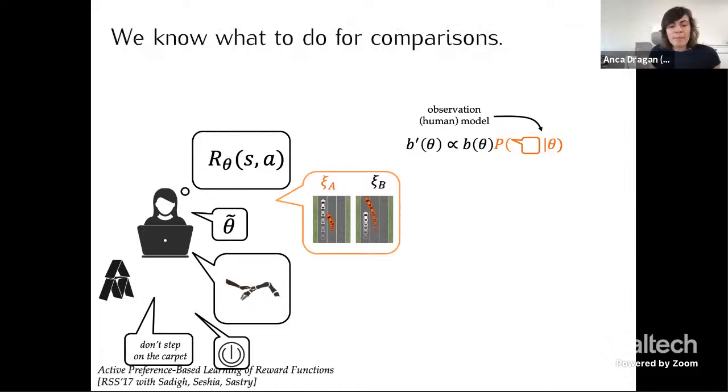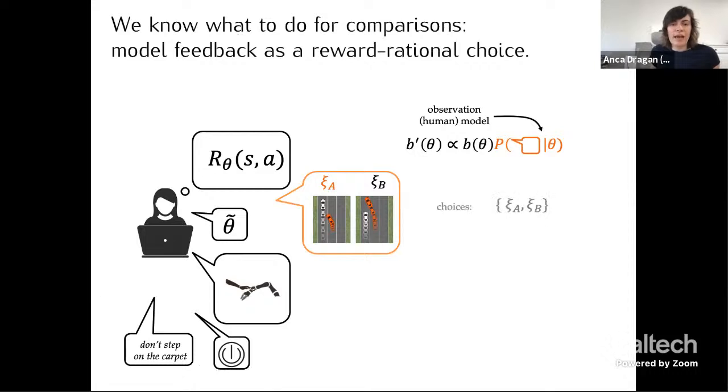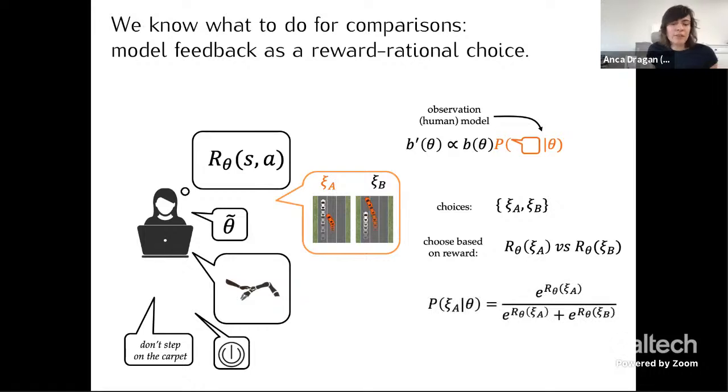So when the feedback is, here's one trajectory, here's another one, and trajectory A is better than trajectory B, we know how to take that as evidence about the reward. Basically, we say, you, the human, had two choices. I'm going to assume you're choosing based on the cumulative reward of these trajectories with respect to your reward. And I'm going to assume maybe you're a bit noisy.